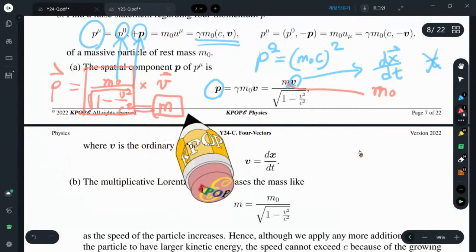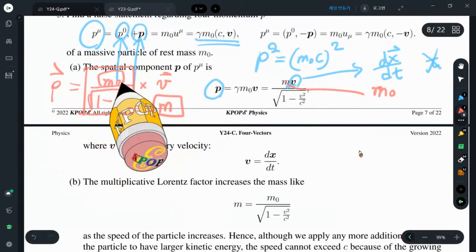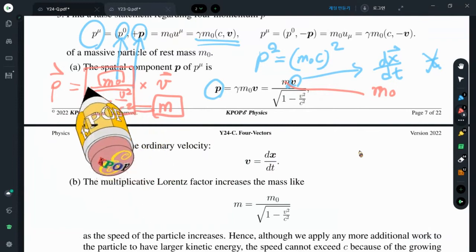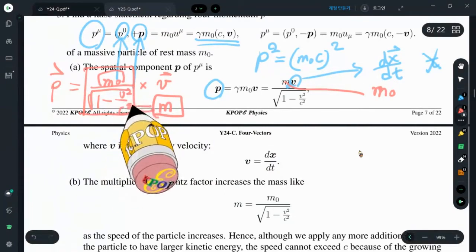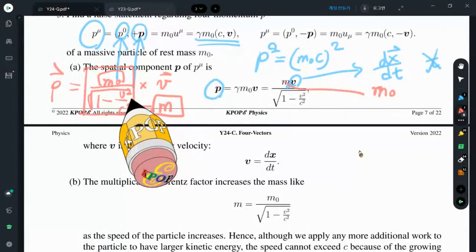In general, the mass of a particle is not the same as the rest mass, but it grows as the speed increases. The mass of a particle can grow to infinity as the speed v approaches the speed of light c.